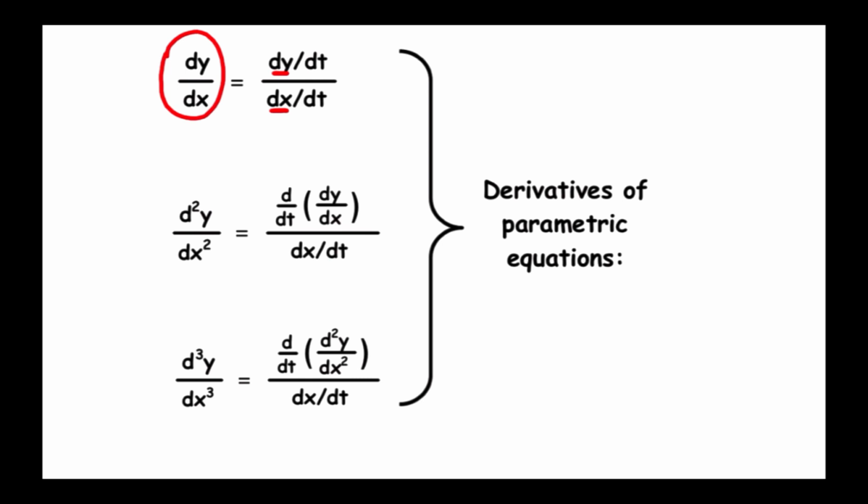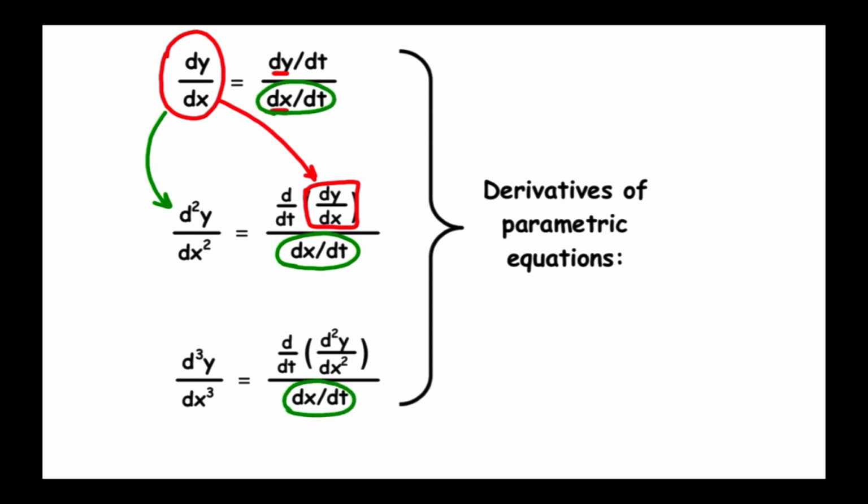Then it starts to get weird. You come down to the second derivative, and you take the dy dx that you just got right up here, you take the derivative of it normally with respect to t, but then the dx dt makes a repeat cameo appearance. In fact, dx dt is always in the denominator every single time you take a derivative.